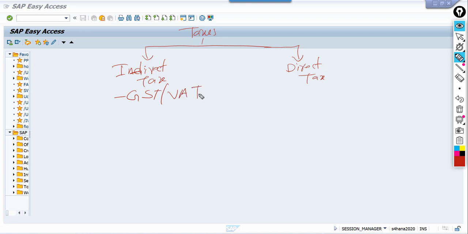VAT. This is indirectly collected from the customer through sales tax, that is GST or VAT. For this, we already configured the tax pricing procedure.